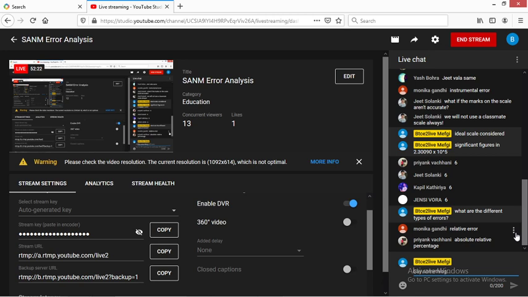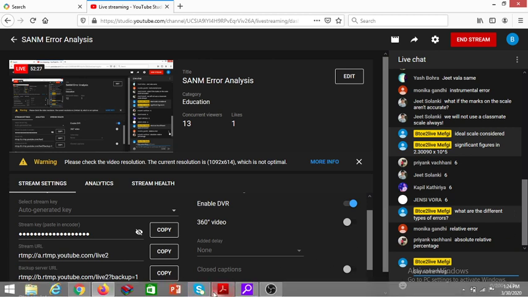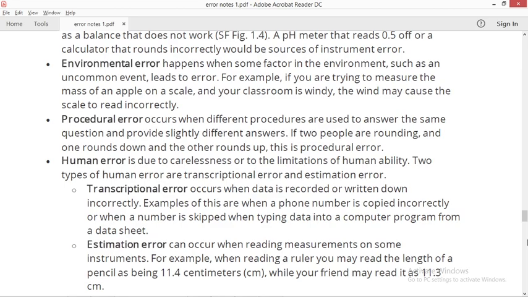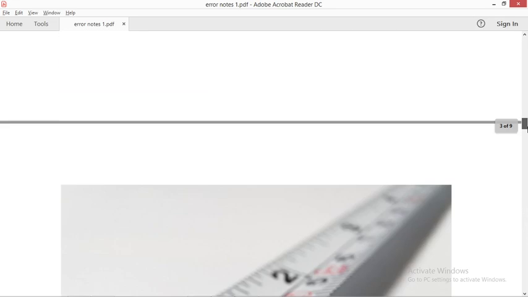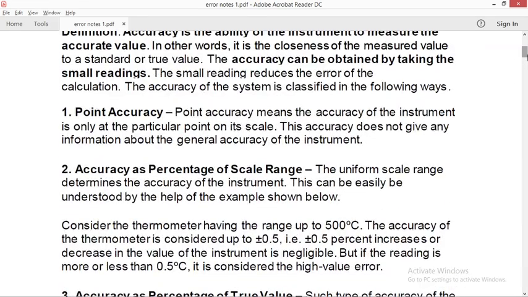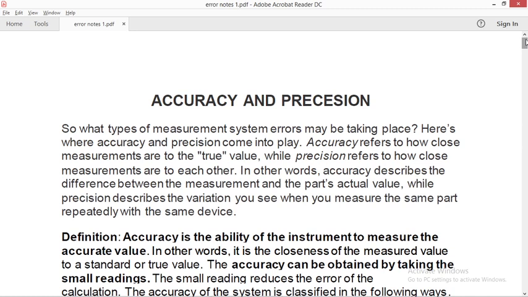Alright, so now let's just have a quick revision of what we did today in this topic. So first we started off with accuracy and precision. We talked about what is the difference between them.